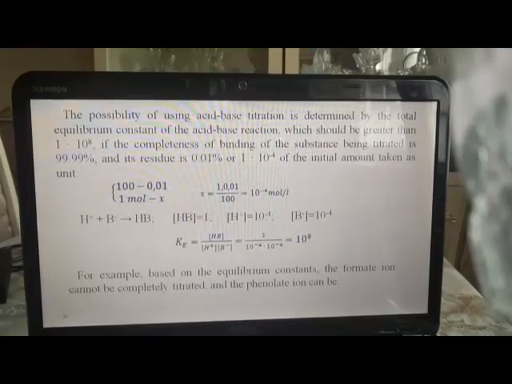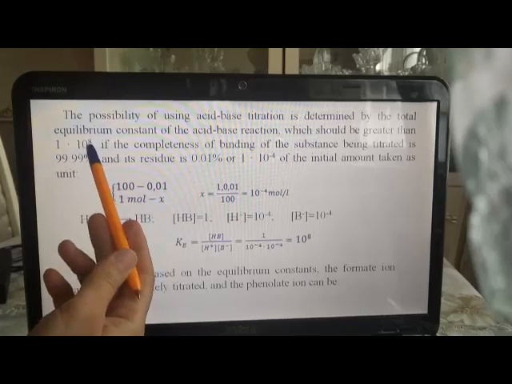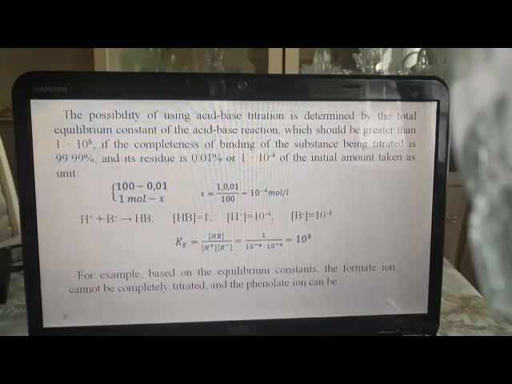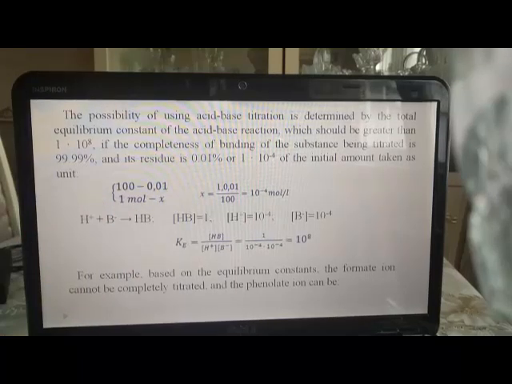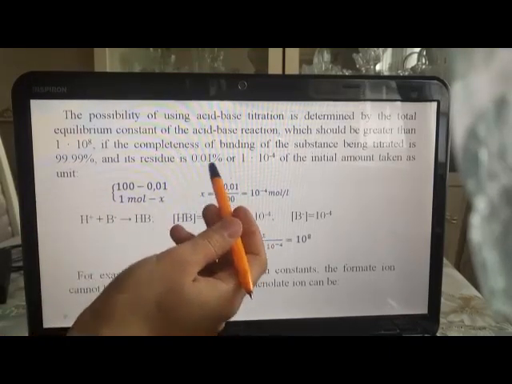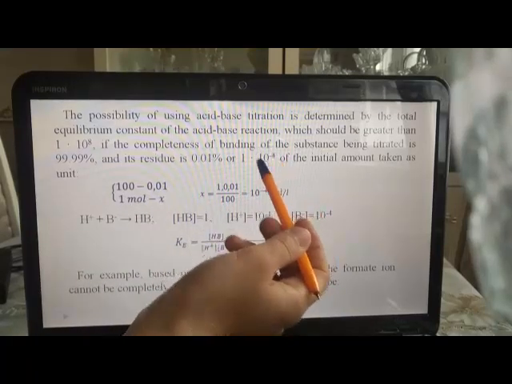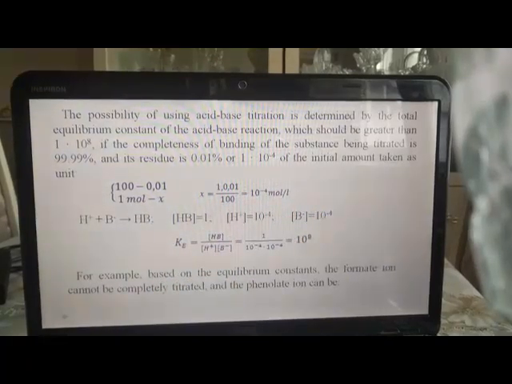The possibility of using acid-base titration is determined by the total equilibrium constant of the acid-base reaction, which should be greater than 1 multiplied by 10 to the 8th degree if the completeness of binding of the substance being titrated is 99.99% and its residue is 0.01%, or 1 multiplied by 10 to the minus 4 degree of the initial amount taken as a unit.